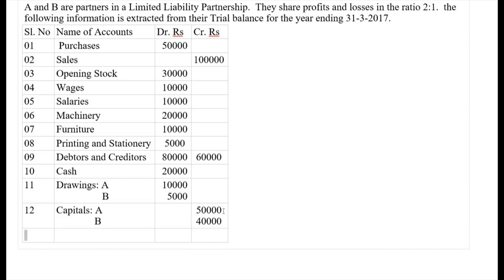So the sum of this will be 2,50,000, 2,50,000, and there are adjustments.